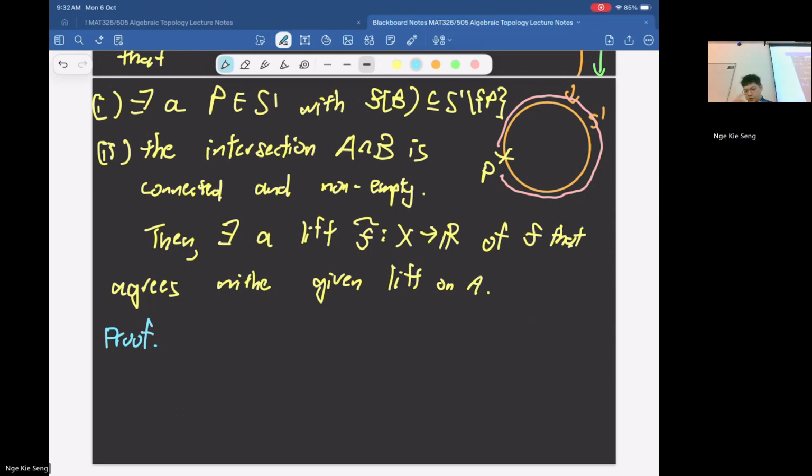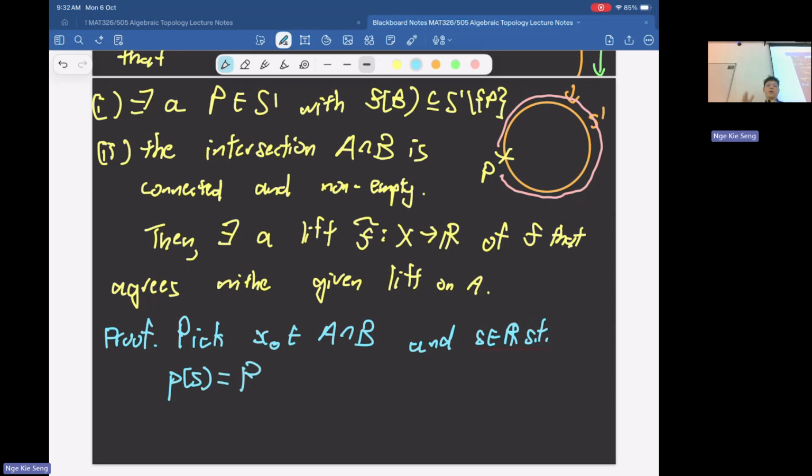So we are going to use all the conditions. Let's pick something inside the intersection, because the intersection between A and B is not empty. And there might exist some s in R such that p(s) equals P, the point you miss. Because the exponential map is surjective, we can find this s here. Then what do we have if we put this together?